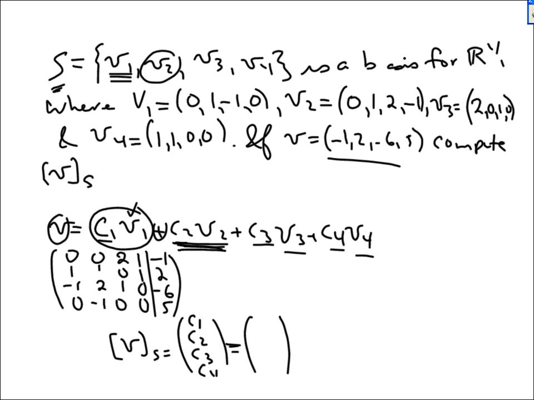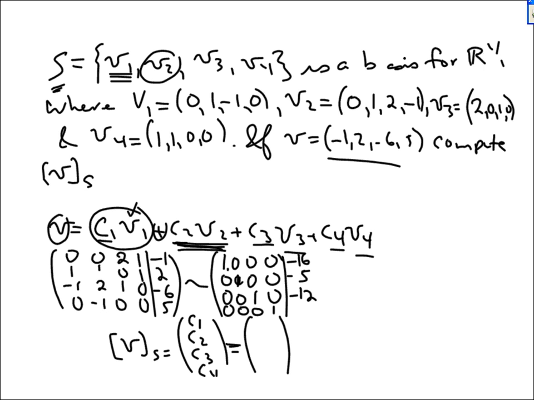And if you were to reduce this, you would get the 4x4 identity matrix augmented with the answers: -16, -5, -12, the number 23.